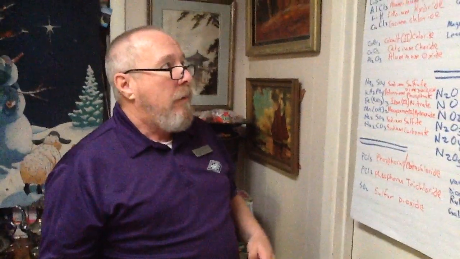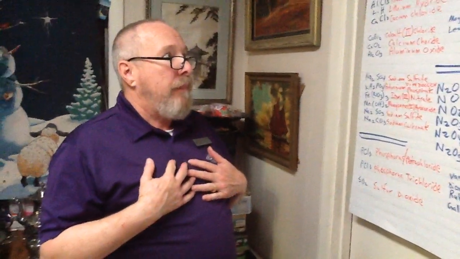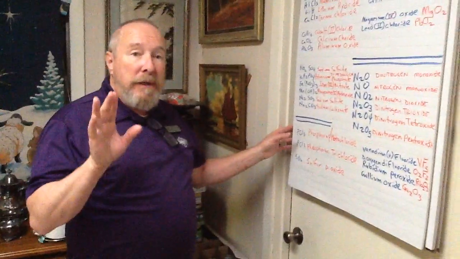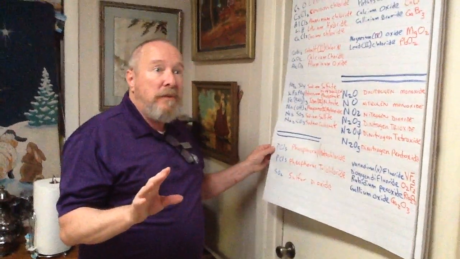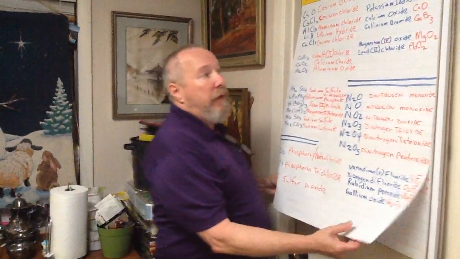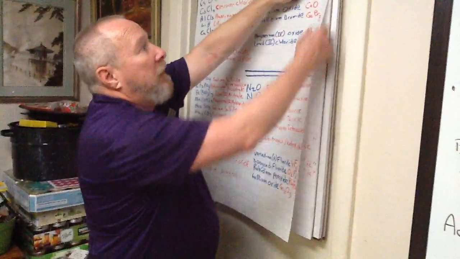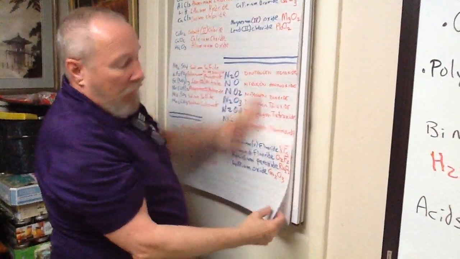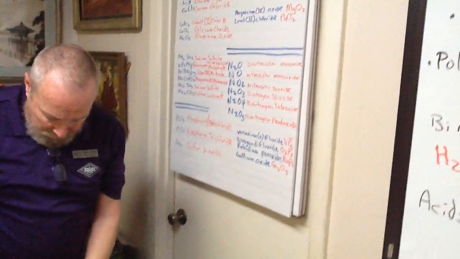Your book has some flow charts if you're a visual flow chart organizing type of person. And I'm going to give you some practice with this in the video lab that I have further down in our Moodle show.